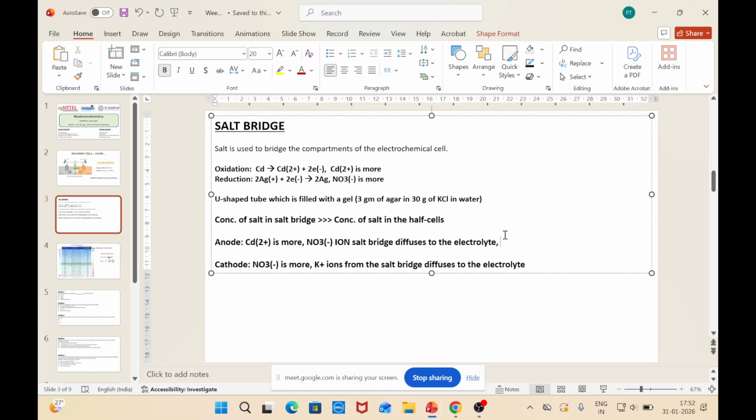So these are the 2 points for why the concentration of the salt in the salt bridge is going to be high.